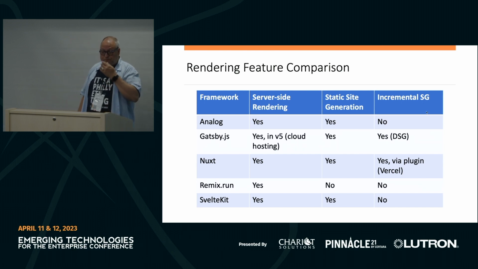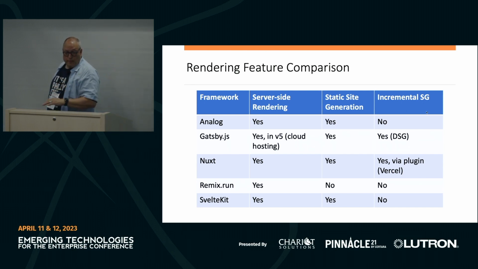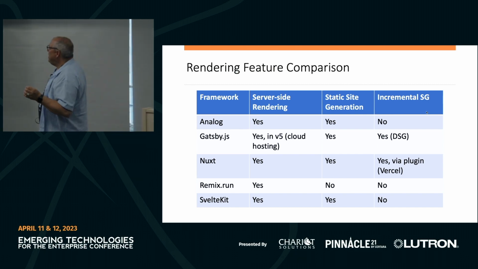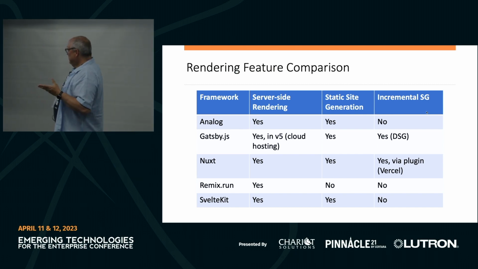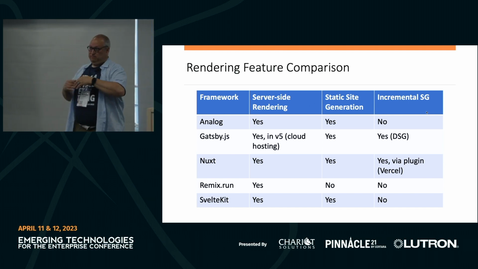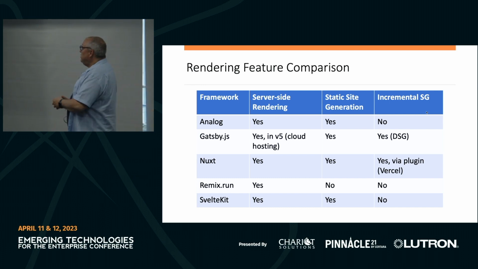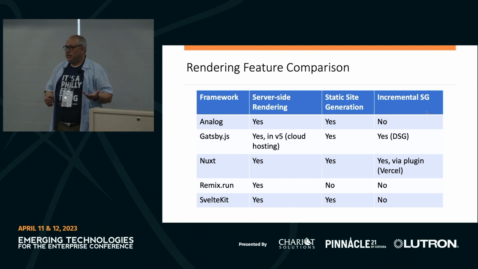Like, for example, most of the frameworks support server-side rendering. I would say on Gatsby, the proviso is it's not supported on everything, right? You have to use their cloud service, I believe. But most everything else supports server-side rendering these days.